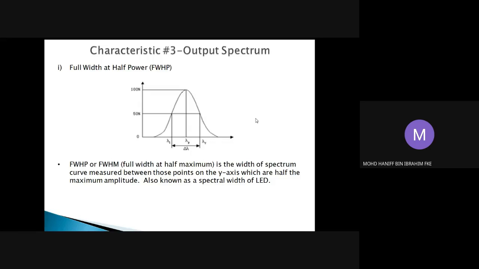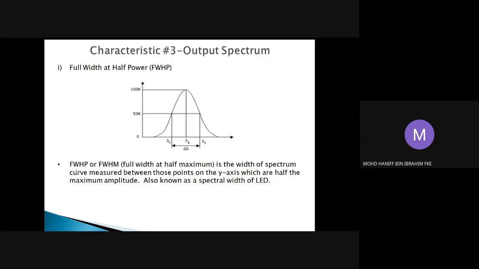Then number 3 is the output spectrum characteristics. This is what we call a typical spectrum produced by the light source. From this spectrum we can extract important information called full width at half power, also known as full width at half maximum.